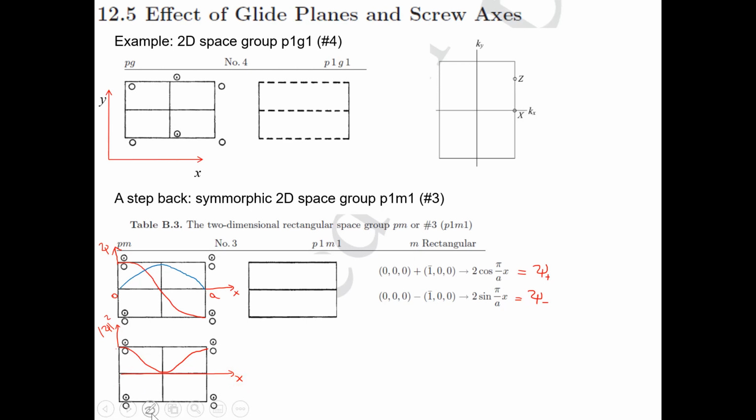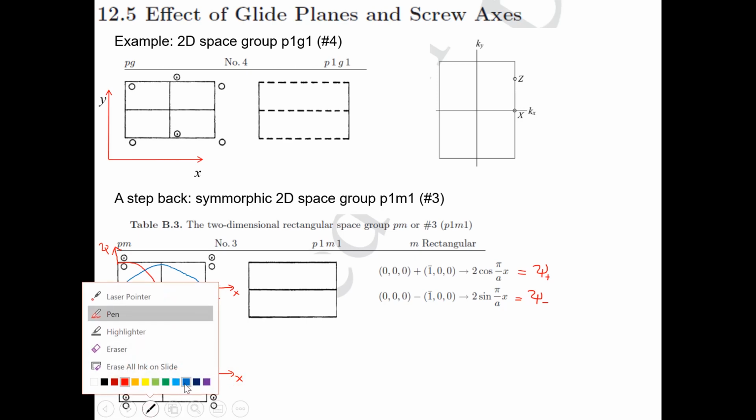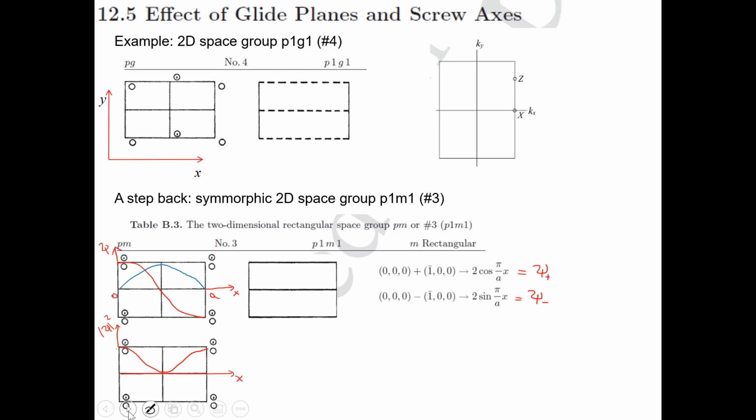And for the sine solution, it should give me something like that, 0 here, with a peak right in the middle, and 0 here. Okay? So this is cosine square and this is sine square, basically. All right, so what about the potential energy?